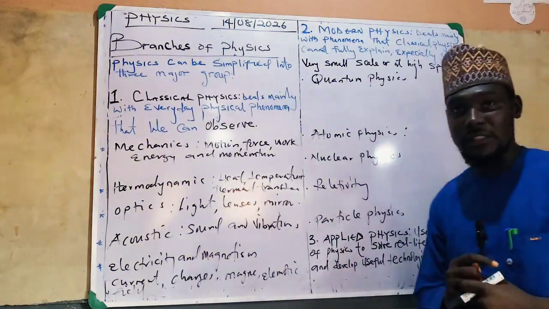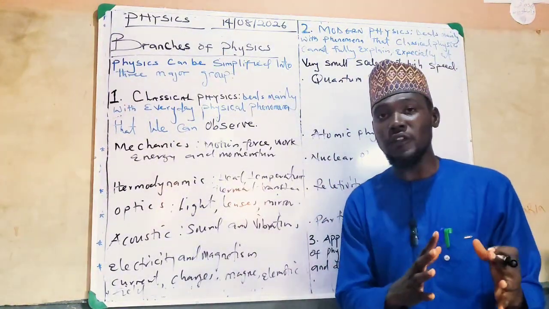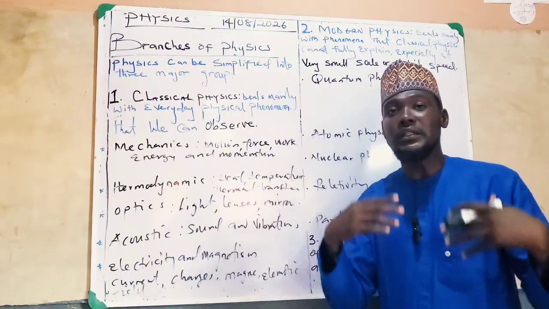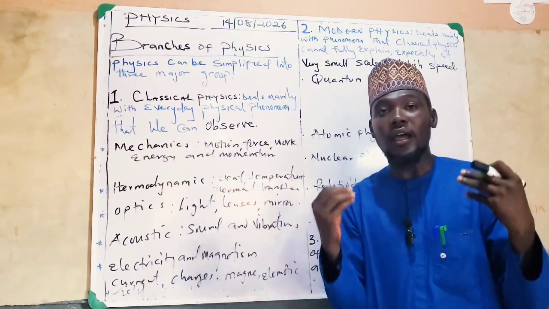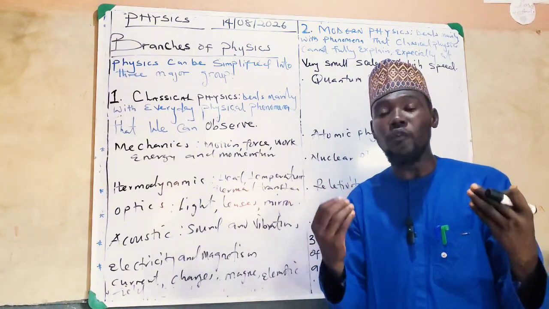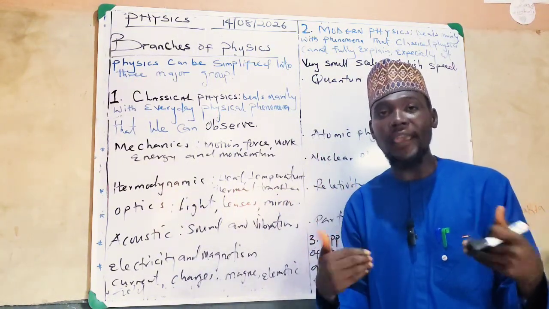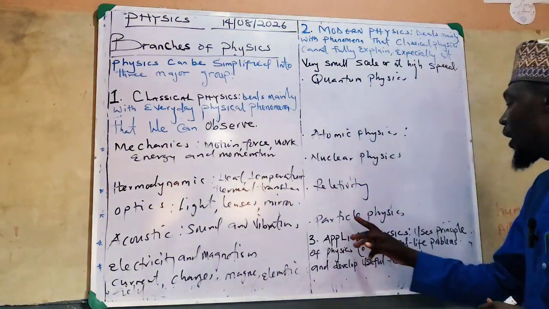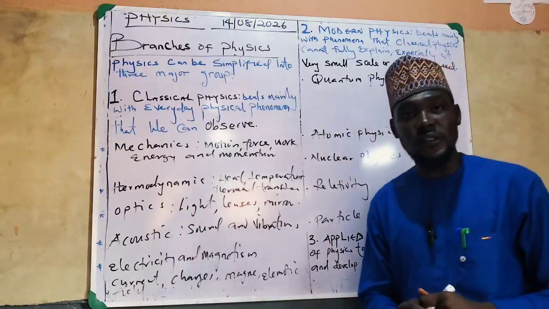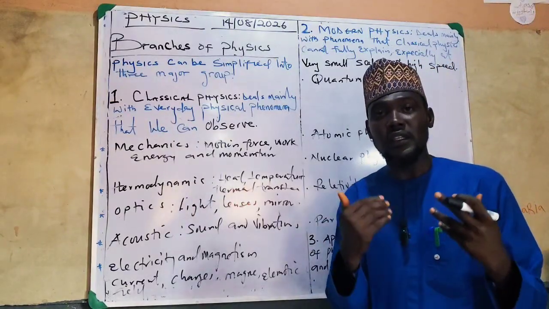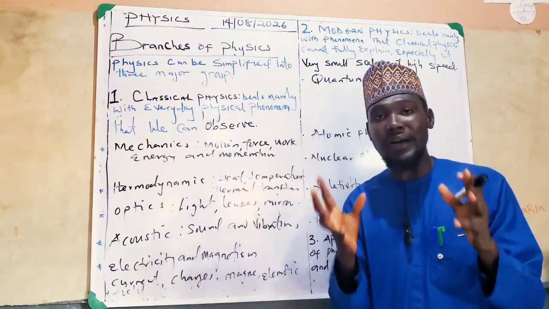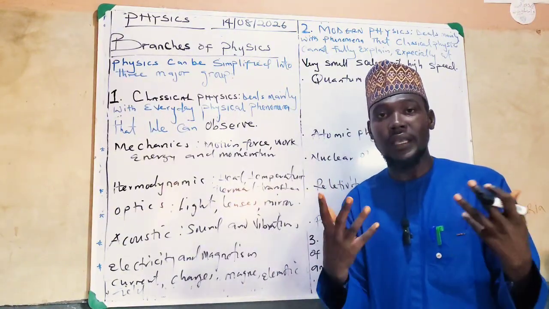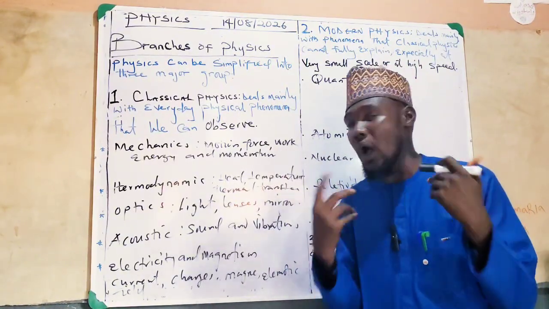Then relativity is a branch of physics that studies space, time, gravity, and objects moving at very high speeds. Then particle physics is a branch of physics that studies the fundamental particles such as electrons and quarks.